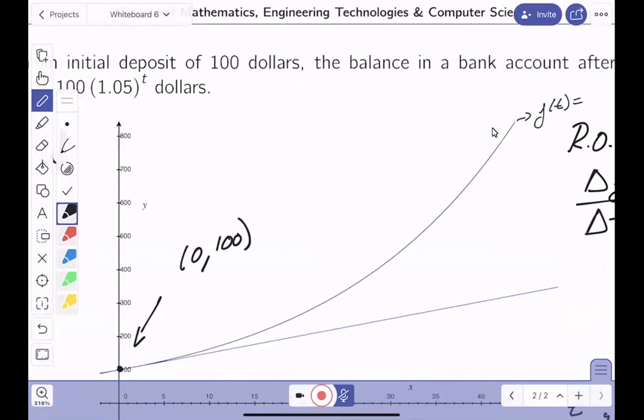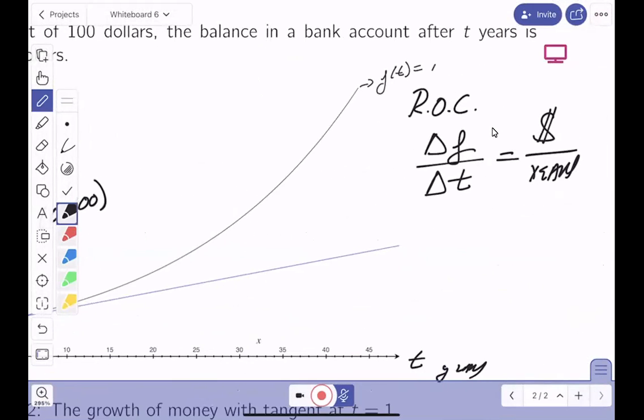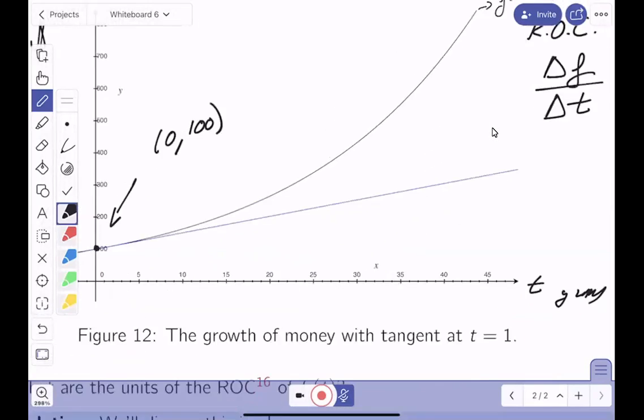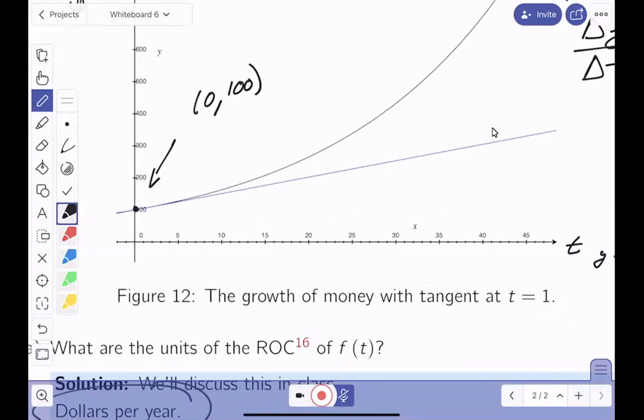That's 100 times 1.05^t. By the way, I don't mind using technology. This was a use of technology. And what they want me to do is get the slope of the tangent line at 1. So I'm going to think that whoever drew the picture, this is the tangent. This is m tangent line, and m tangent at the point 1.